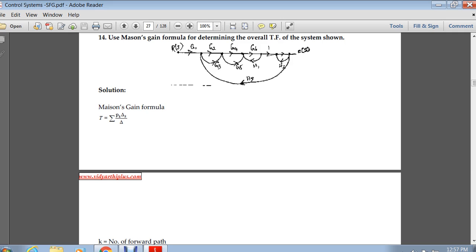For example, if you take this problem, it has G1, G2, G4, G6, G3, G5, H1, H2 and G7 as the transmittances of the signal flow graph. Using this signal flow graph, we need to get its transfer function by using the Mason gain formula. Here the gain formula is T is equal to the sum over k equal to 1 to n of Pk delta k by delta.